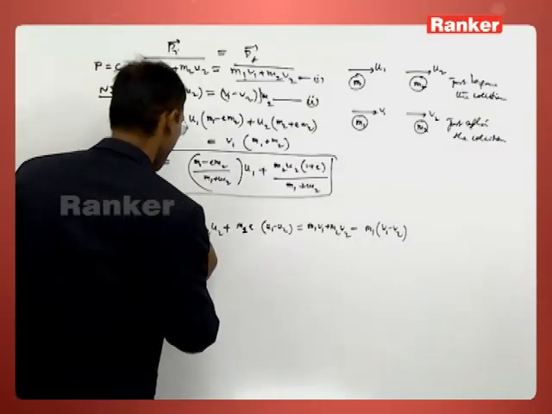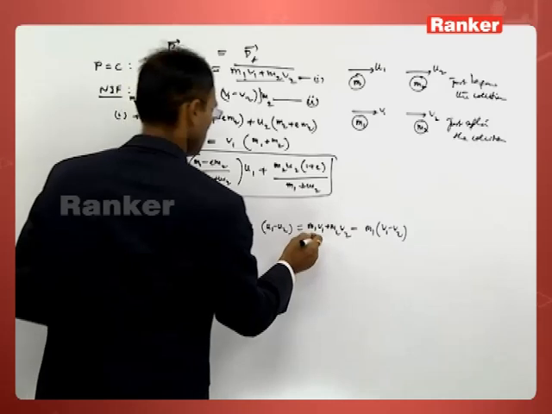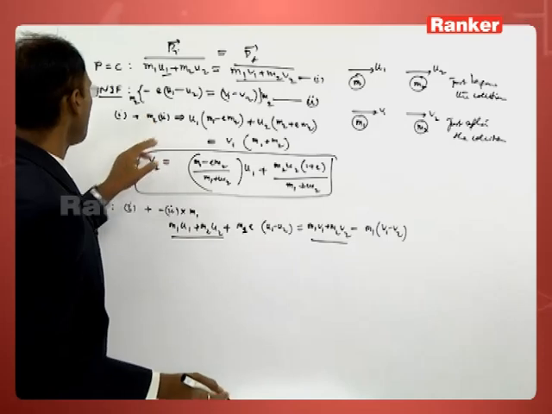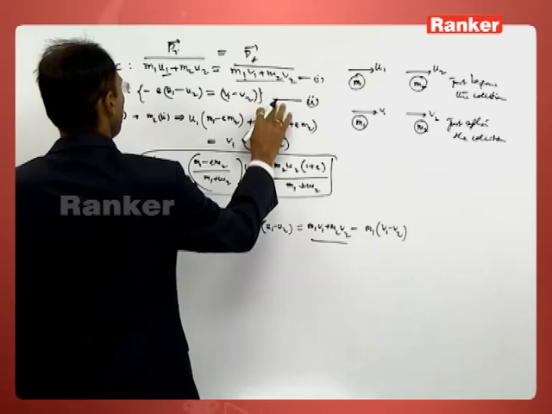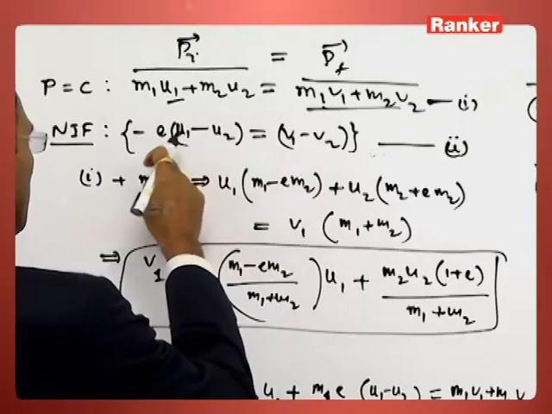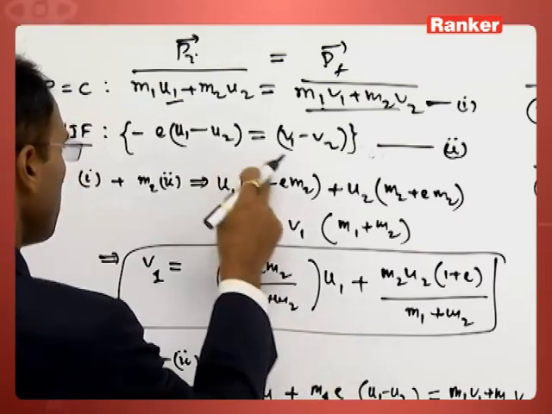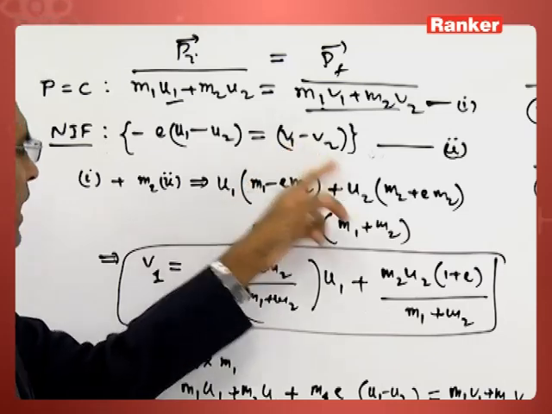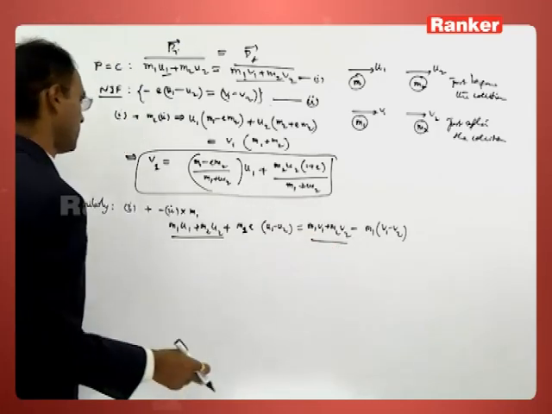This is equation 1, minus the second equation into m1. Minus of m1 into this will be equal to plus m1 e into u1 minus u2, and m1 into v1 minus v2 is subtracted from equation number 1.